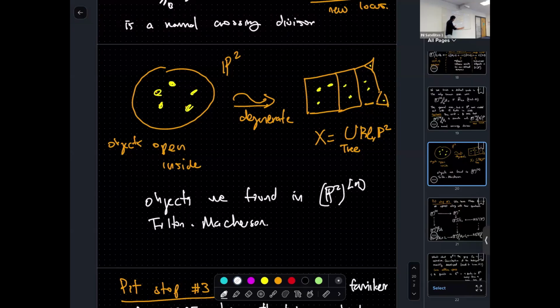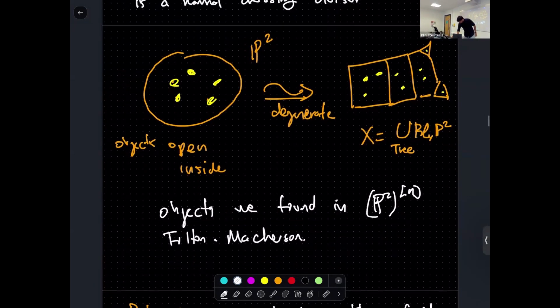So in here we do not have any of the possibilities like non-reduced schemes or things like that. It's just going to be points, but the price that we pay again is that the variety will break in this manner.